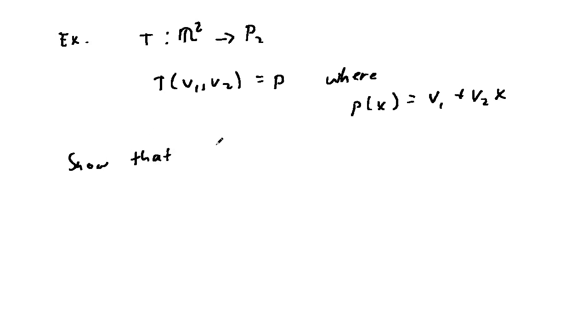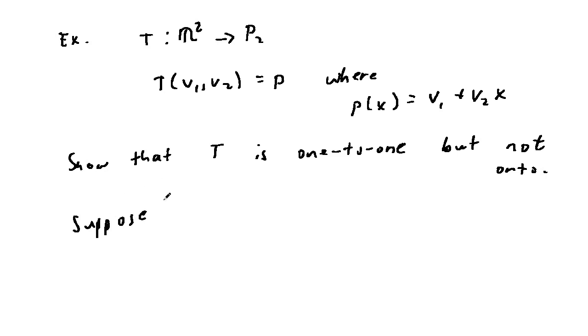Show that T is 1-to-1, but not onto. Okay, so let's start with the 1-to-1 property.